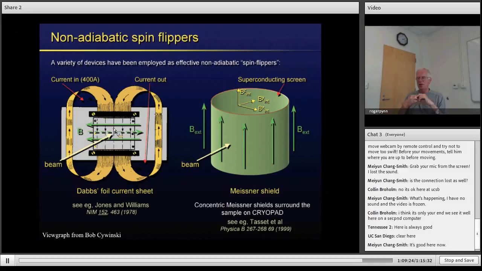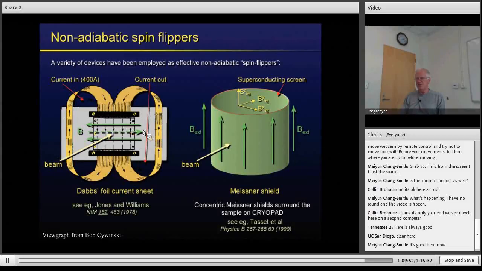So now you've got a magnetic field that changes from going left to right, to going right to left, in the thickness of a piece of wire, and that's fast enough for the neutron to ignore it, and that will flip the polarization of the neutron from one direction to the other direction.